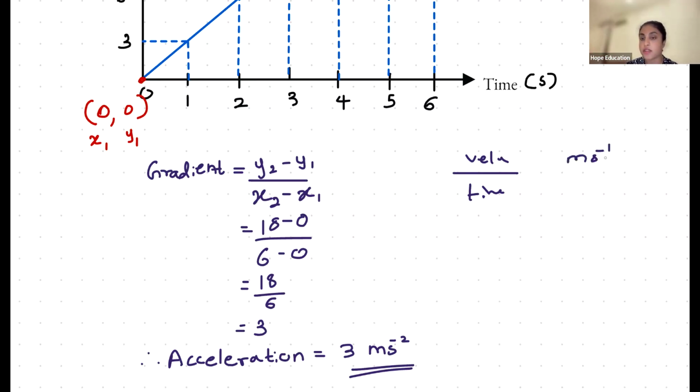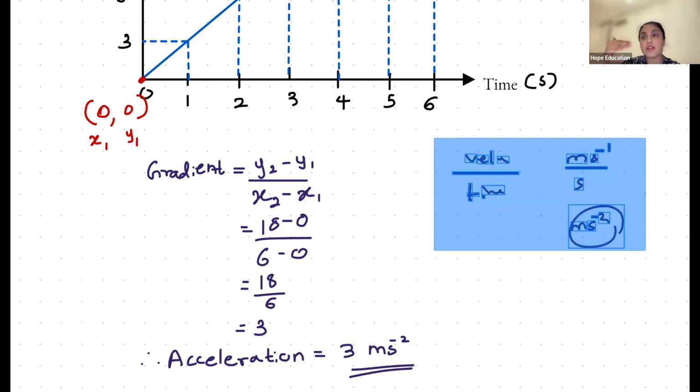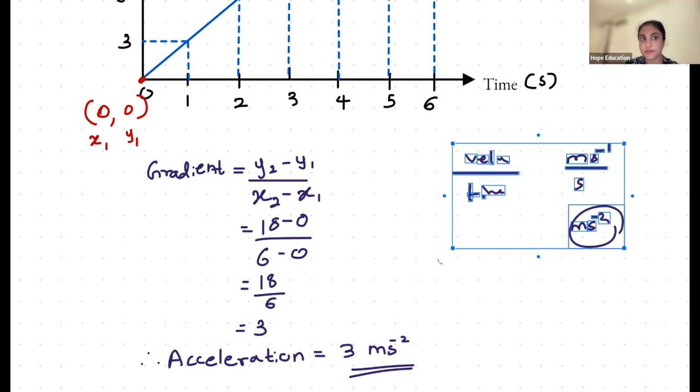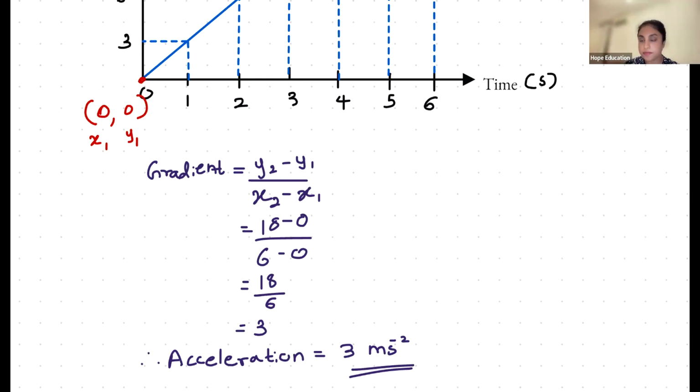So ms minus 1 divided by seconds is what gives us ms minus 2, and that is the unit of acceleration. Roughly, velocity divided by time is acceleration. However, the proper equation is acceleration equals final velocity minus initial velocity divided by time. But just to get an idea only, velocity divided by time is acceleration. Okay? Yes, teacher, thank you.